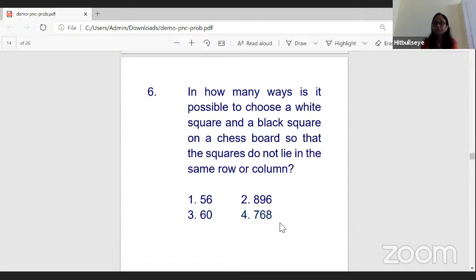Try this question. It's a very simple question based on, again, selection, the way you're going to select the white squares and the black squares.